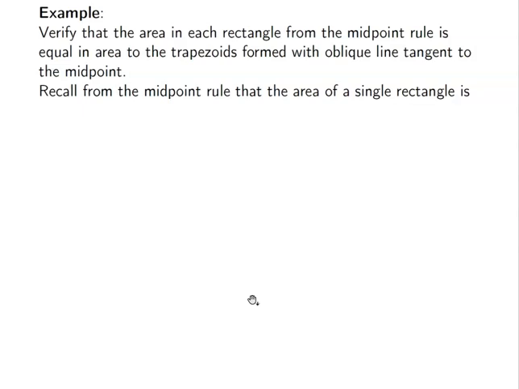We're going to just compare one rectangle with one rectangle, obviously generalized for all true rectangles of that kind. For the midpoint rule, a single rectangle is the width of the rectangle, delta x, times my function evaluated at that midpoint.